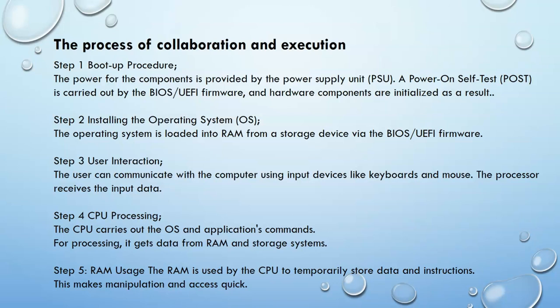The process of collaboration and execution. Step 1 is the boot up procedure. Step 2 is installing an operating system, or OS. Step 3 is user instruction. Step 4 is CPU processing. Step 5, RAM usage. The RAM is used by the CPU to temporarily store data and instructions to make manipulation and access quick.